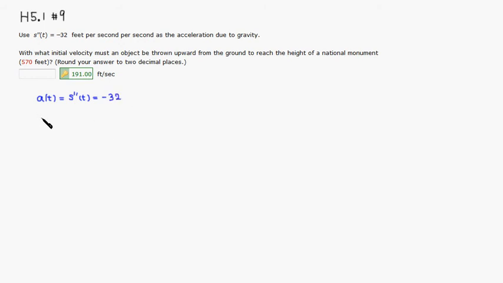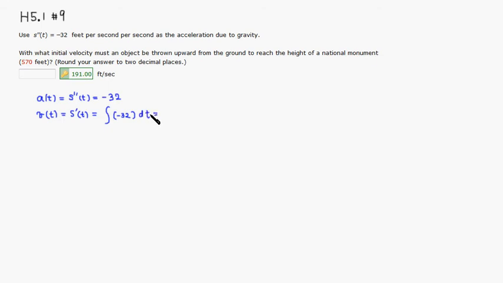Right? So if you want to find the velocity, which is the same thing as s prime of t, in other words, acceleration is the derivative of the velocity. So in order to find the velocity, we can just take the antiderivative of negative 32 with respect to t.